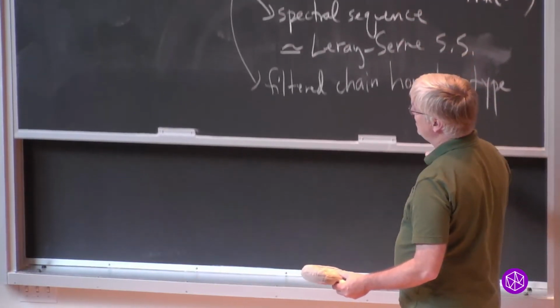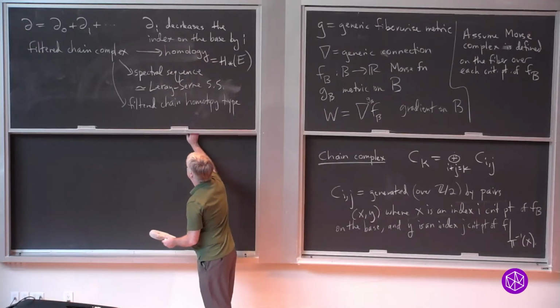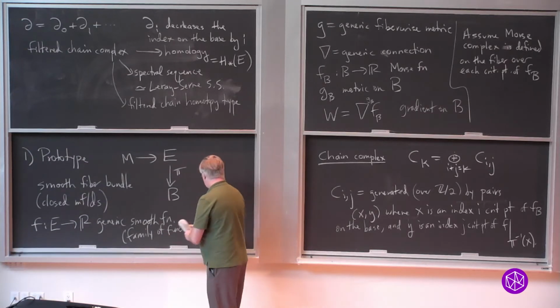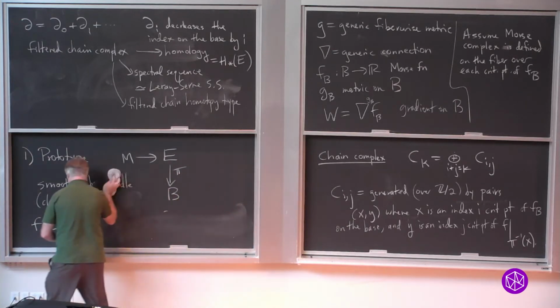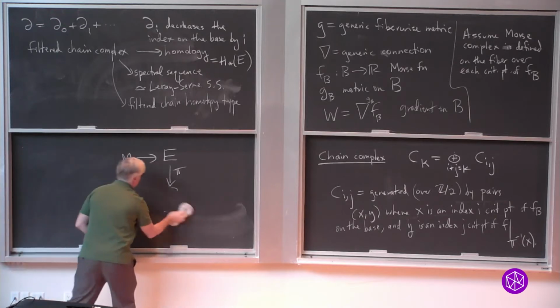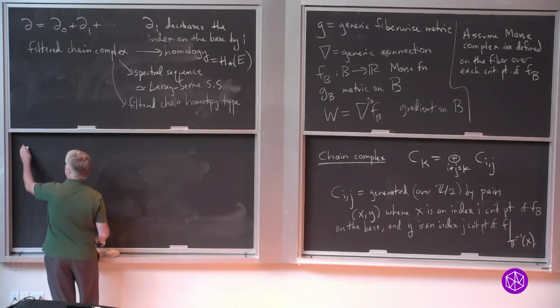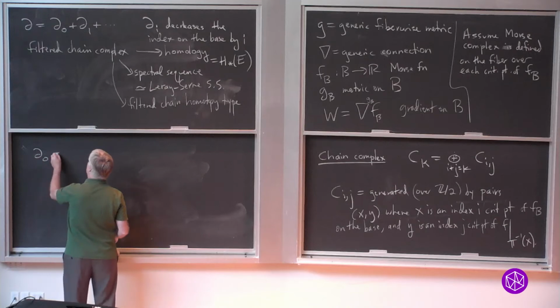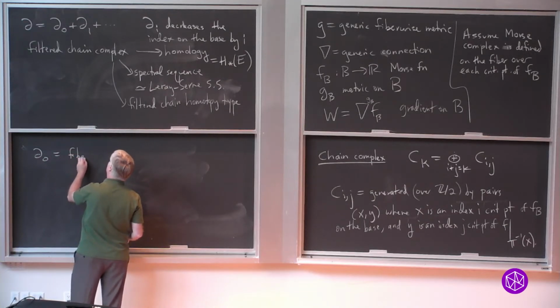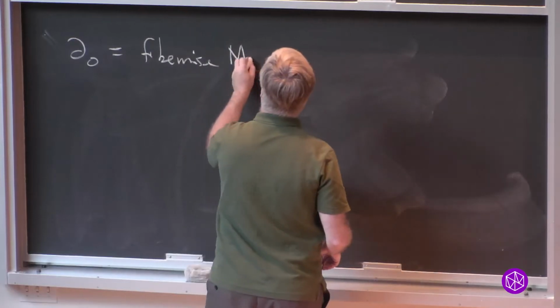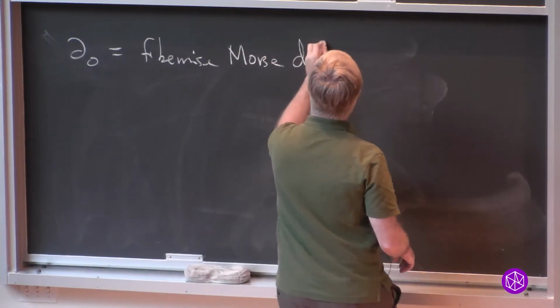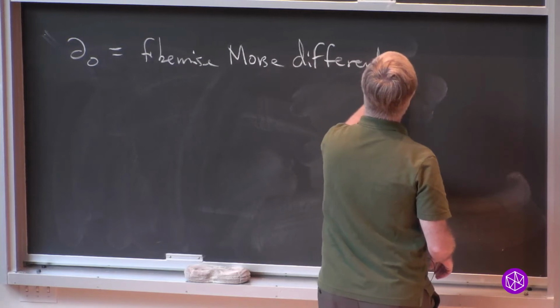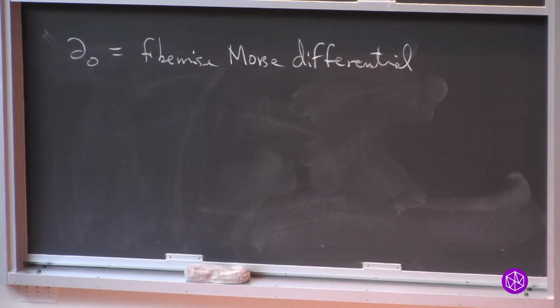So to get an idea of what's going on here, we know that d0 is just the fiberwise Morse differential. So this counts flow lines which only go in the fiber direction and stay constant on the base.